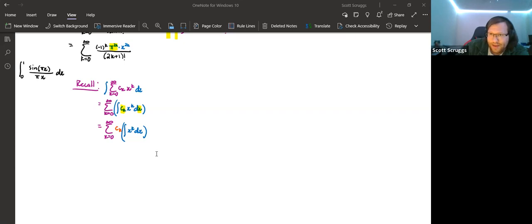And the nice thing about this is the integral of x to the kth power, that's the power rule antiderivative, where I add 1 to my old exponent to give me the new exponent, and then I divide by the brand new exponent. So let's do that. So in general, I will have something like this.